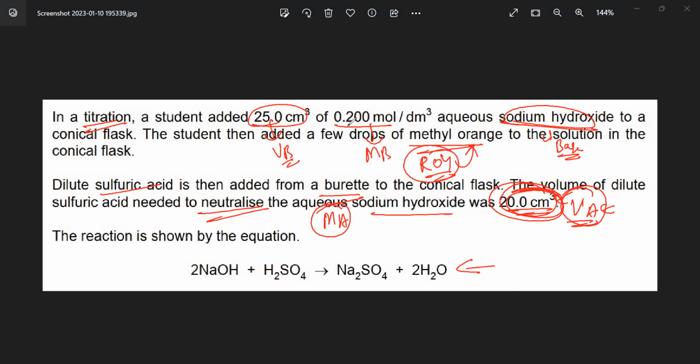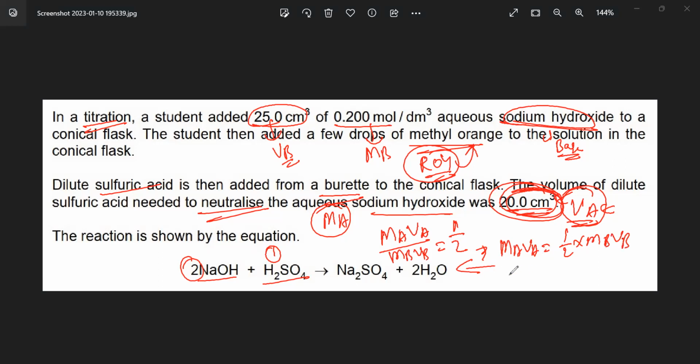Again, very easy. First you have to write the equation, that MAVA upon MBVB equals to. So you see, you have 2 moles of base reacting with 1 mole of acid. So 1 mole of acid is reacting with 2 moles of base. So ultimately the equation will become MAVA equals 1 upon 2 of MBVB.